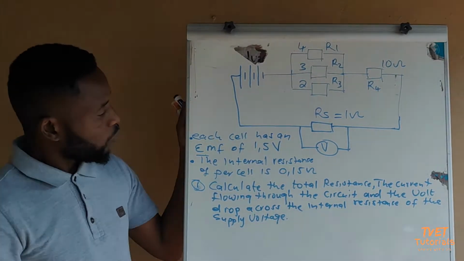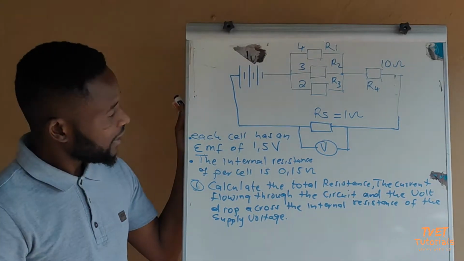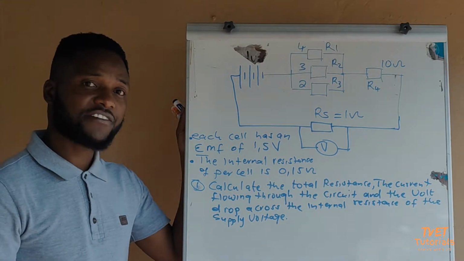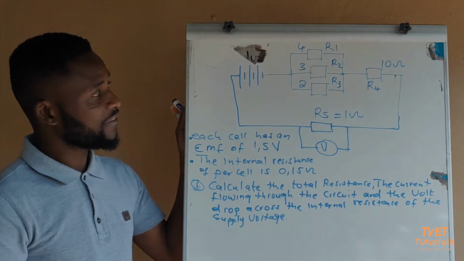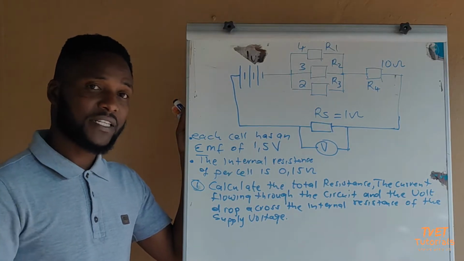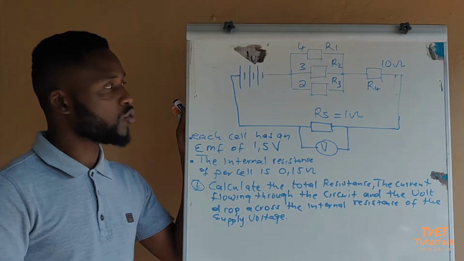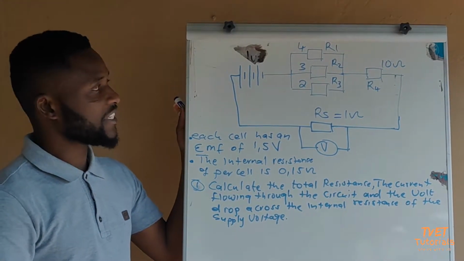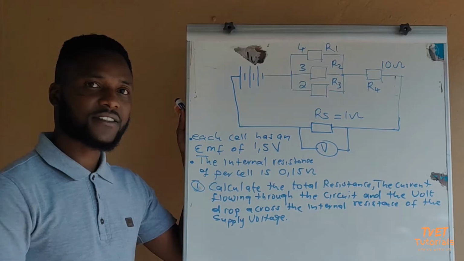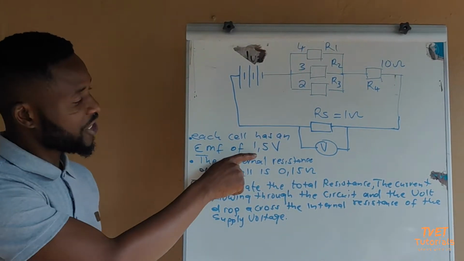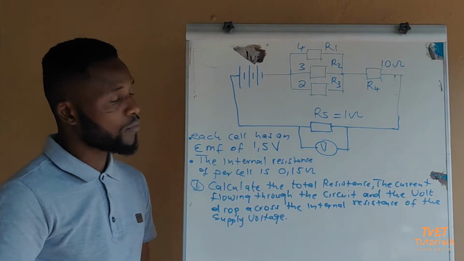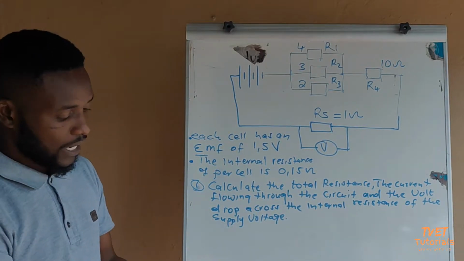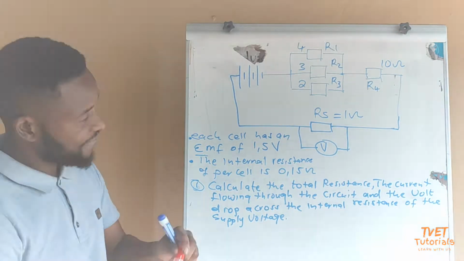We are told that each cell has an EMF of 1,5 volts. I believe you know that a battery is formed by a number of cells. You can see there that you have a battery that has 3 cells connected in series. You are told that the voltage drop across each cell is 1,5, so you will now have to calculate the total EMF.